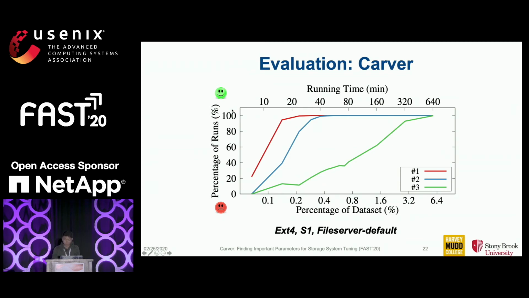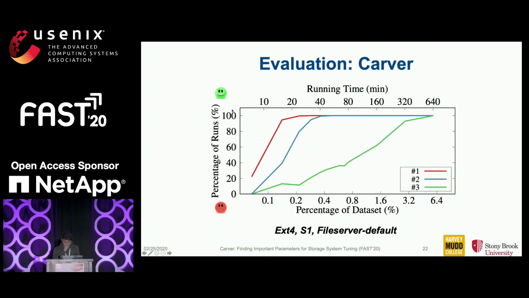In our experiments, one benchmark run with default Filebench workload takes around 100 seconds. Here we repeated the same experiments for 1,000 runs to measure Carver's ability to select parameters. The y-axis shows the fraction of runs that successfully found the same important parameter as the ground truth, which was obtained on the complete dataset.